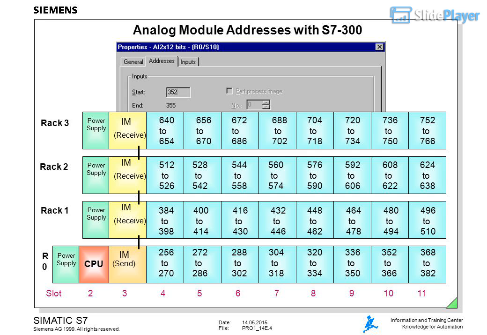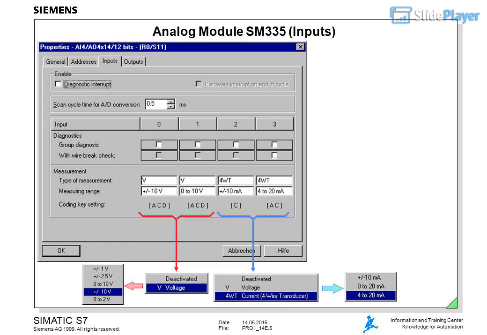Power supply, IM send. Slots 2, 3, 4, 5, 6, 7, 8, 9, 10, 11. Analog module SM335 inputs.